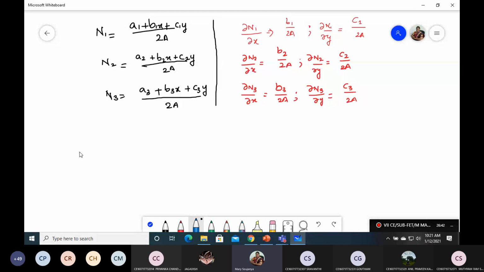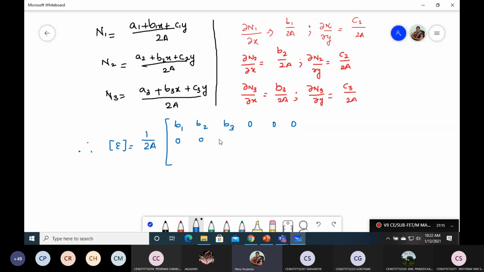Now we have all the terms in the matrix for the previous equation. Therefore, the strain matrix will be equal to 1 by 2a into, what is the first term, dou n1 by dou x? That term is b1. I have taken 1 by 2a common, and the next one will be b2, and next will be b3, 0, 0, 0.